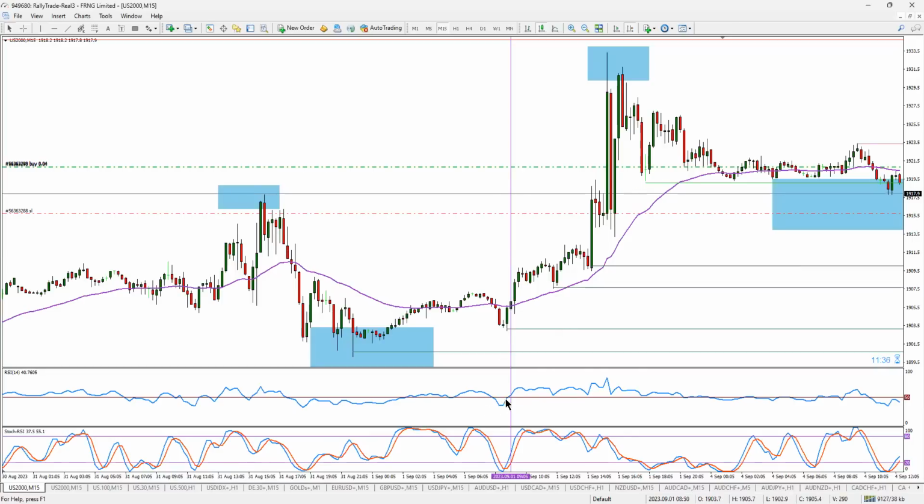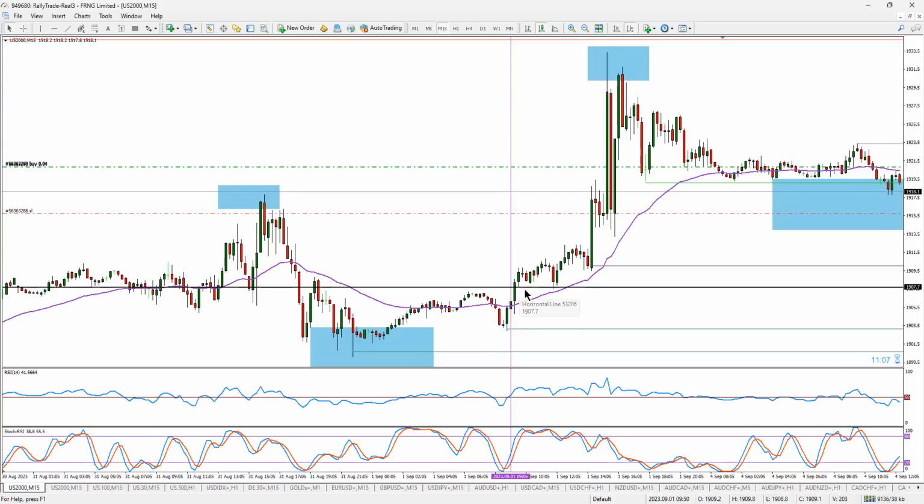Number two, RSI is above 50. Number three, stochastic RSI is trading in the direction of RSI. Look at the RSI like this. Stochastic RSI is also in that same direction. So look at this, this is the next candle, or the next resistance. You can see that after it includes the next candle, it reached that resistance.